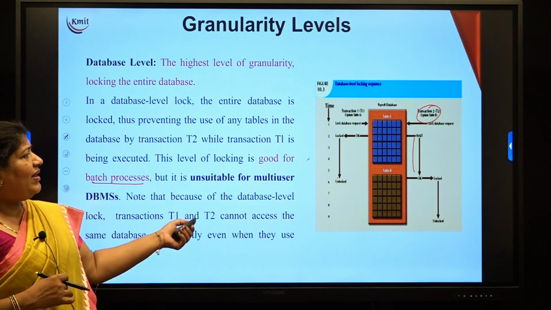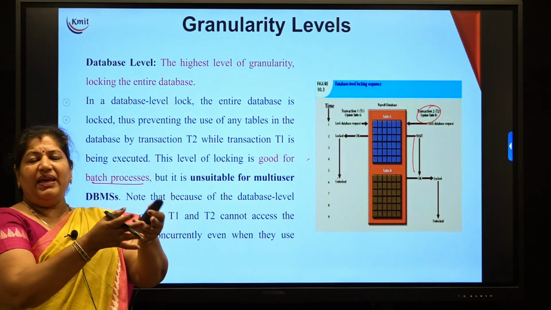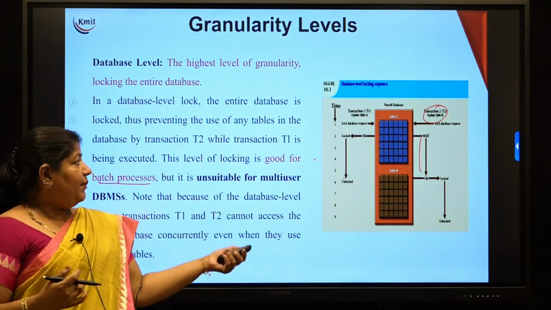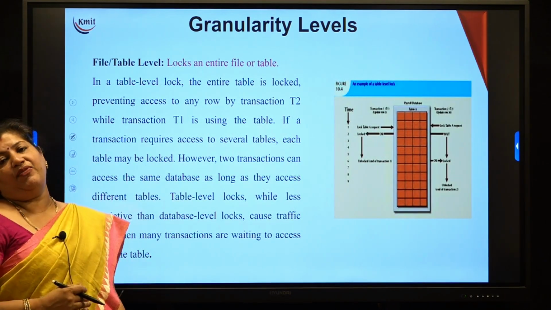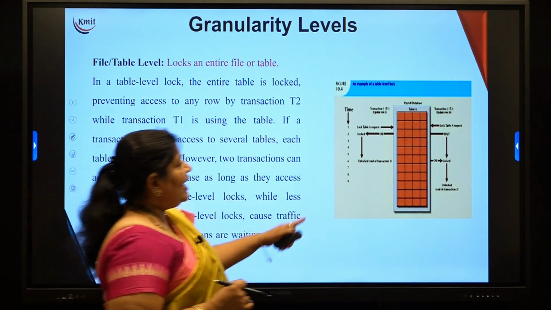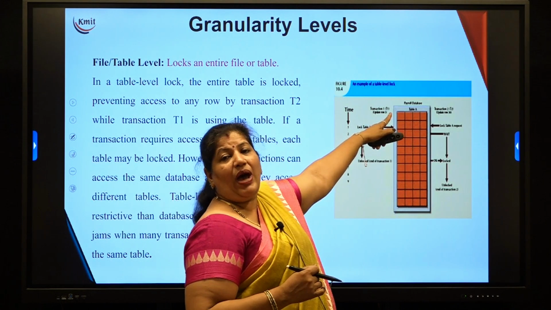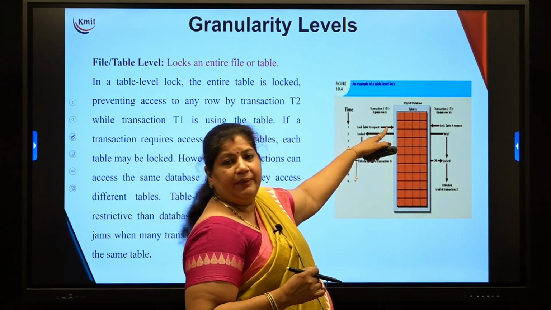The next level: as we have understood, a database will have multiple tables, or so-called files. At table level, if I want to lock the system, that means transaction T1 which wants to access table 1 will apply the lock only for table 1.